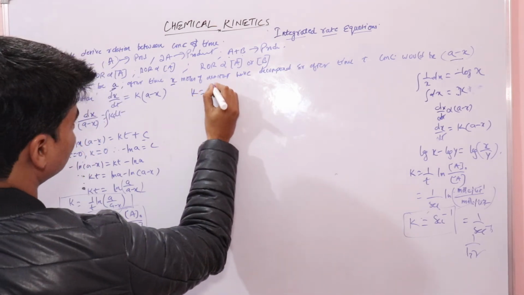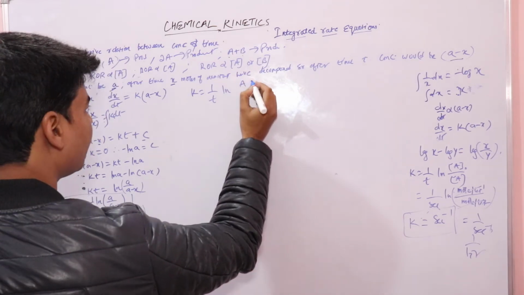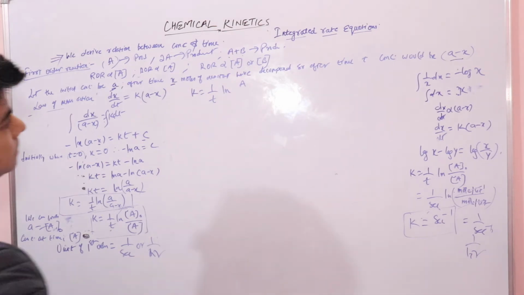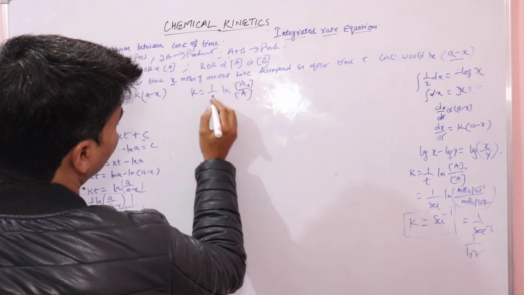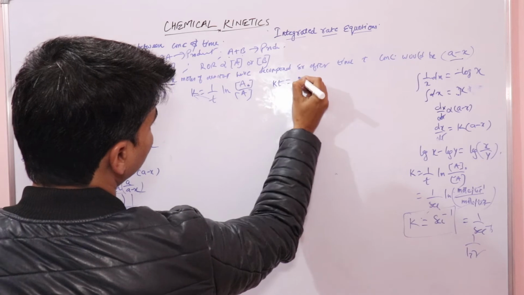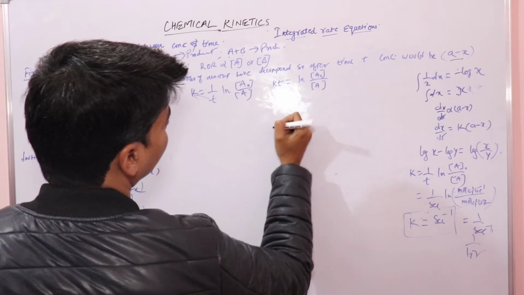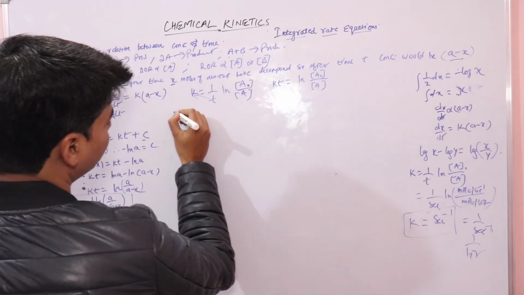This is K is equal to 1 upon T ln A0 upon A. I'll take this here, this will go here. It would be KT is equal to ln A0 upon A, right? This is e, right? We can write this in exponential form.